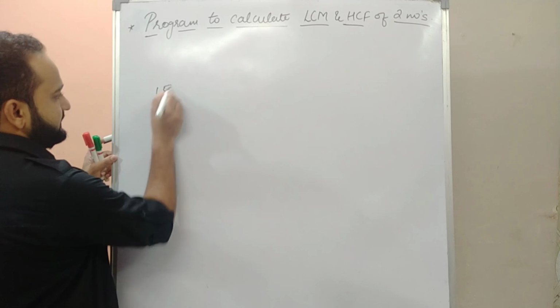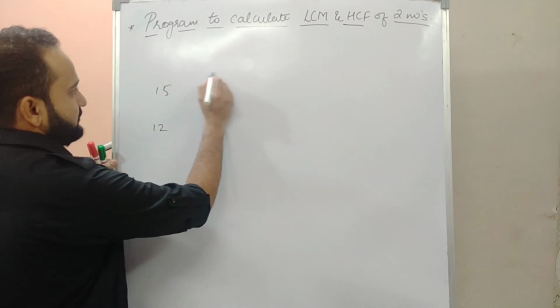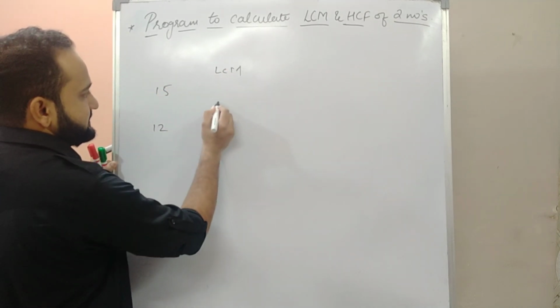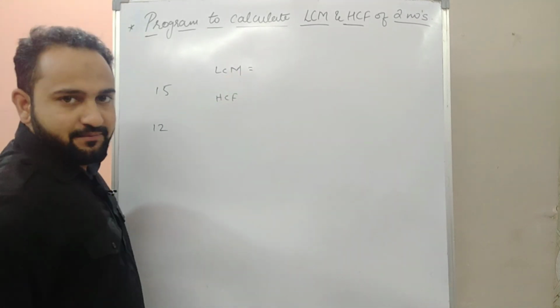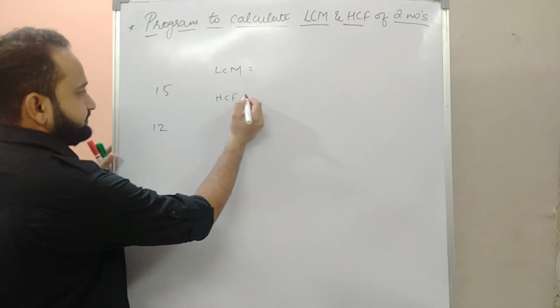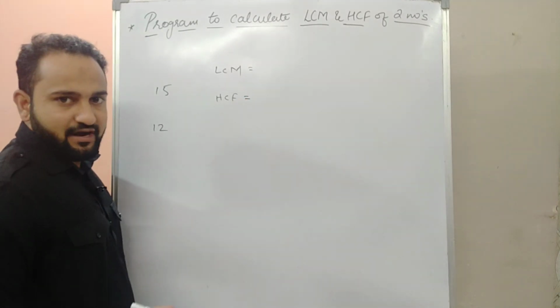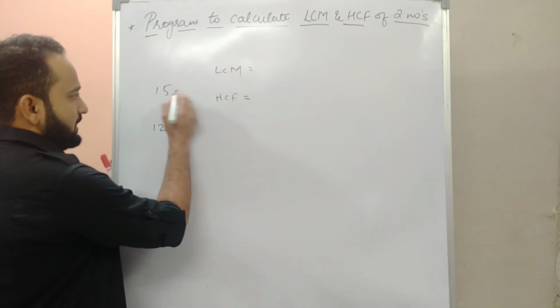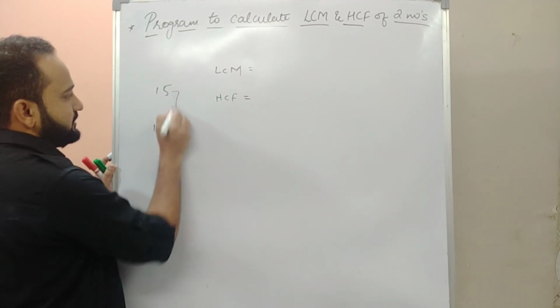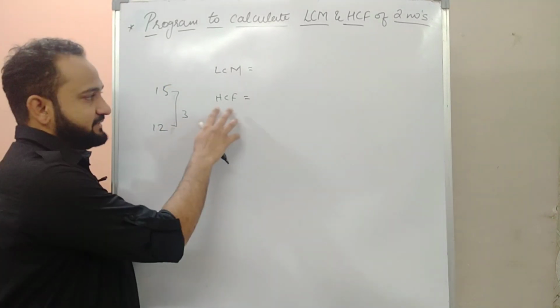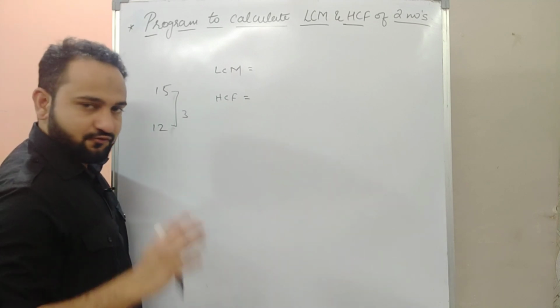So if I have 15 and 12, what is its LCM and what is its HCF? Tell me. LCM stands for what? Least common multiple. So first we'll talk about HCF, highest common factor. The highest common factor of these two is what? 3. How to calculate it? Let me explain HCF in simplest form.